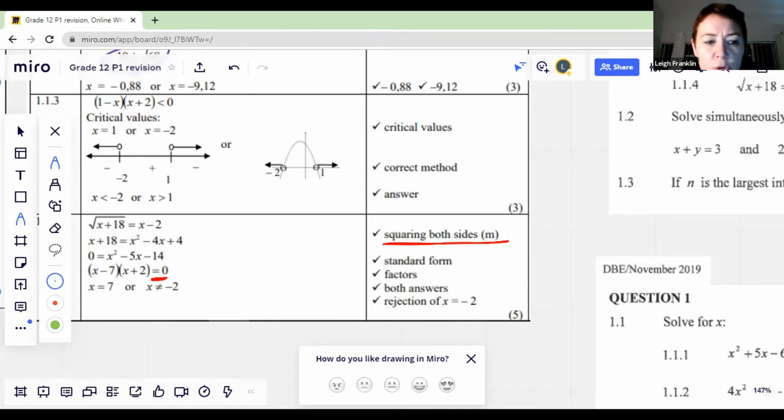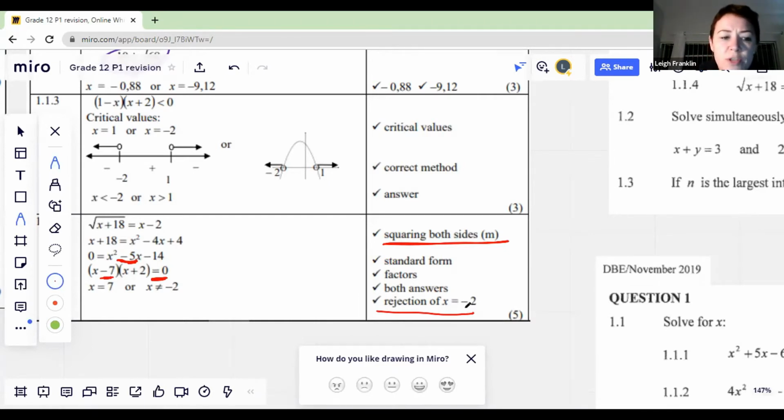When you've got a middle term that's negative, the bigger of the two factors that you're working with is the one that has to be negative. So the 7 has to be negative and the 2 has to be positive. And then we would reject -2 by substituting back in.